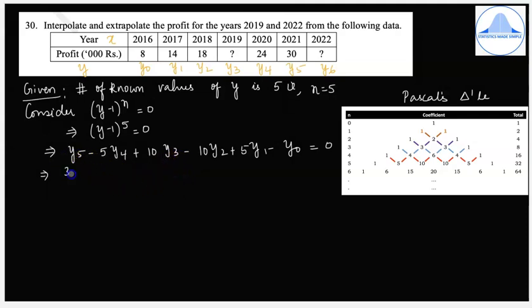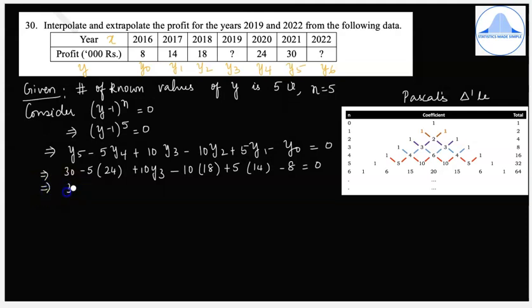So this is 30 minus 5 into 24 plus 10 y3 minus 10 into 18 plus 5 into 14 minus 8 is equal to 0.